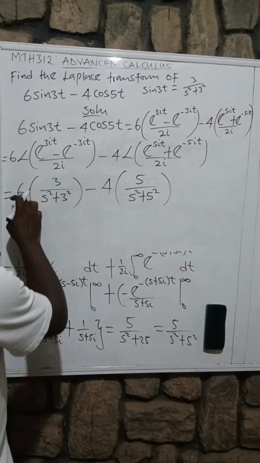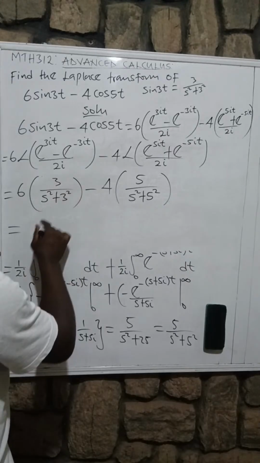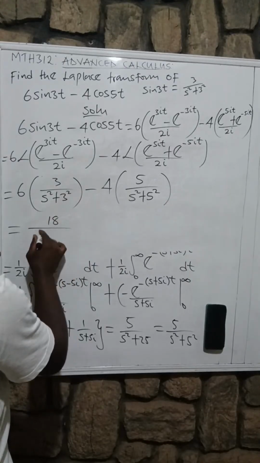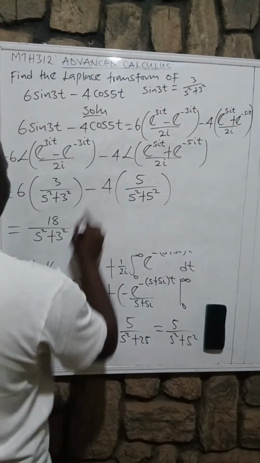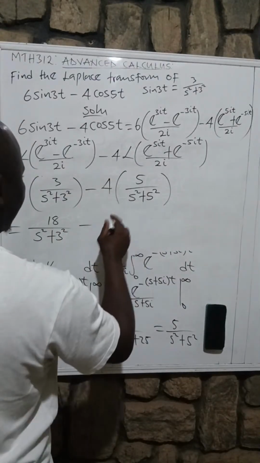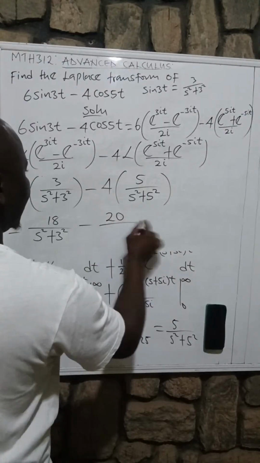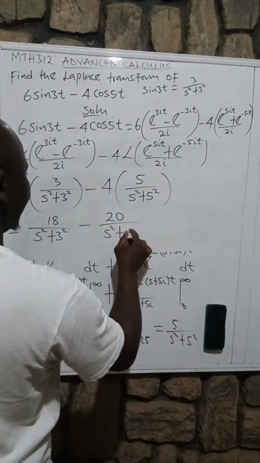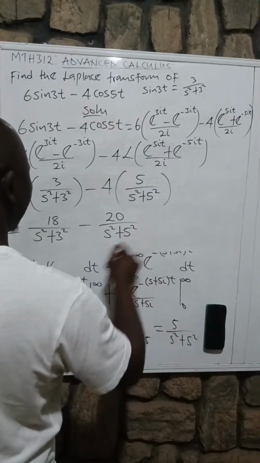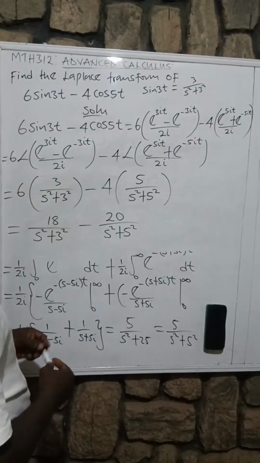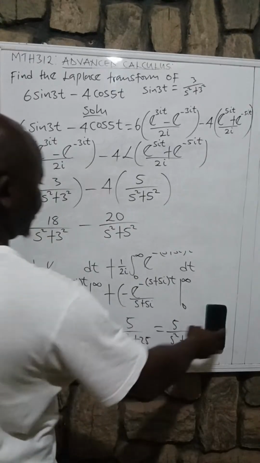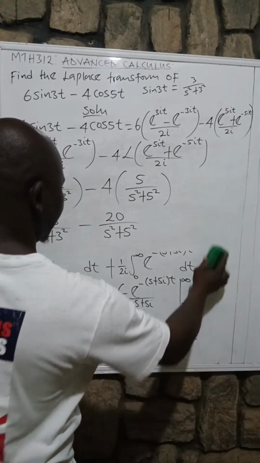Then this is equal to 6 times 3, 18 all over s squared plus 3 squared, then minus 4 times 5, 20 all over s squared plus 5 squared. If you want to take the LCM of this, is it necessary?